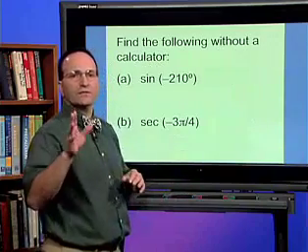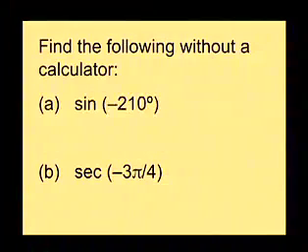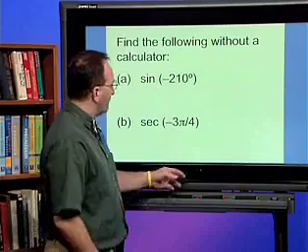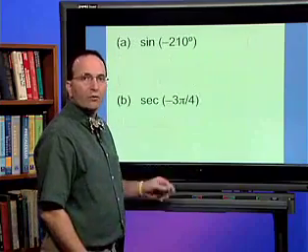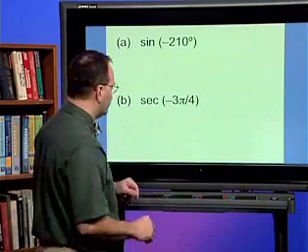Let's say that we want to find the following without using a calculator: the sine of negative 210 degrees. And then we want to find the secant of negative 3 pi over 4. All right, I'm going to give myself a little bit more room because I need to draw a diagram.